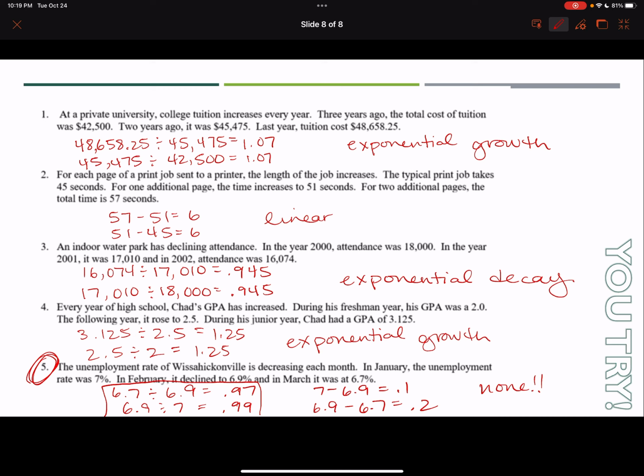So it looks to me like it's not exponential. But then when I check to see if it's linear, the difference is not the same either. So I wrote none because this is not exponential, but it's also not linear. And that's okay. Not every relationship is linear or exponential. There's lots of relationships that are neither. So it's okay to say that.